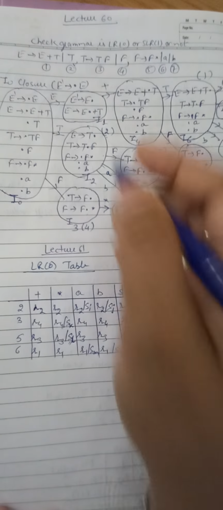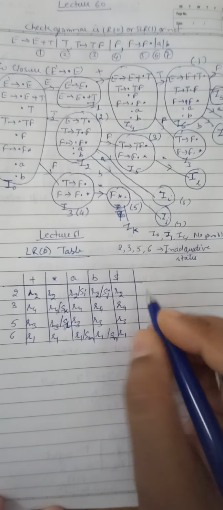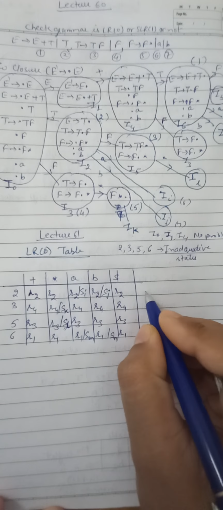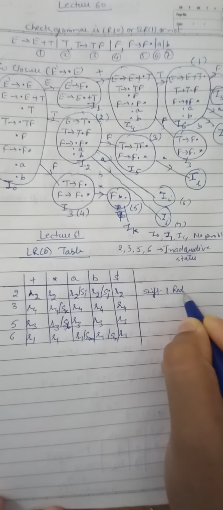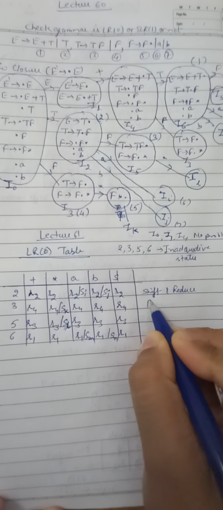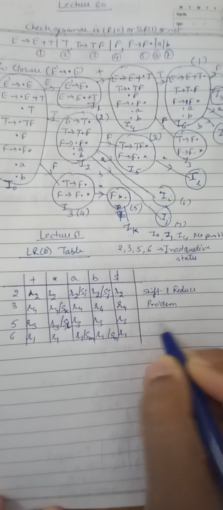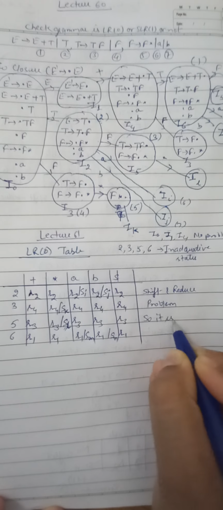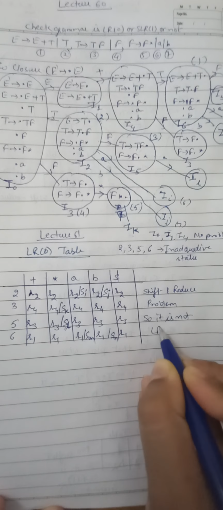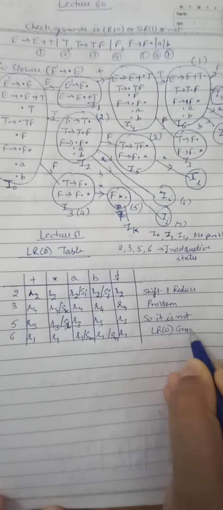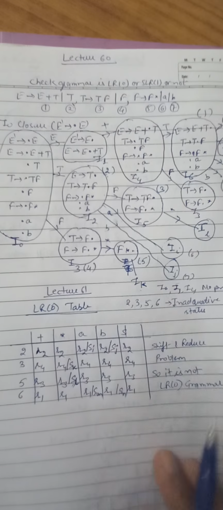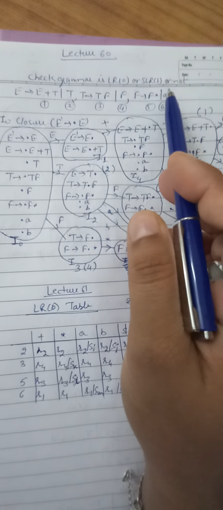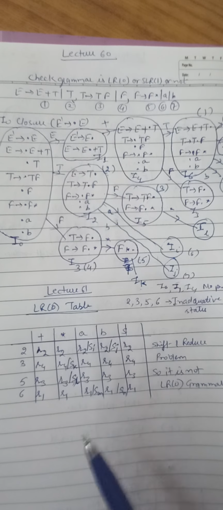So this grammar is not LR0, because in the LR0 table we see a shift-reduce problem. In the next lecture we will see whether the grammar is SLR1 or not by checking the SLR1 table.